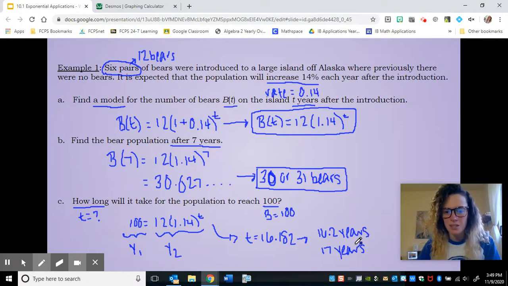They wouldn't take 16 years, because if we rounded that 16.2 down, I technically haven't reached the population of 100 yet. So that would be a reason to round up, even if you used the intersection method, just like we did, and then rounded it up to 17. But they would take either of these.